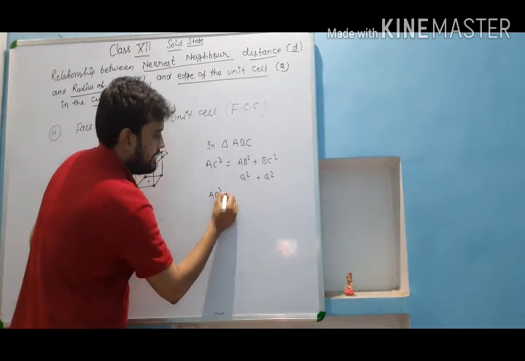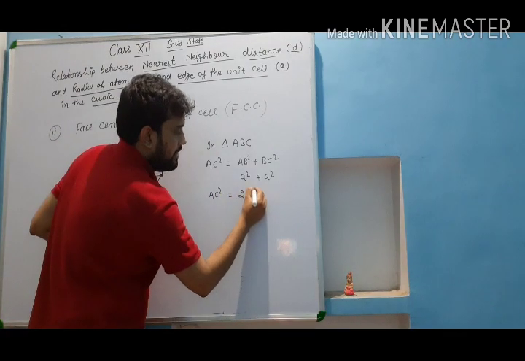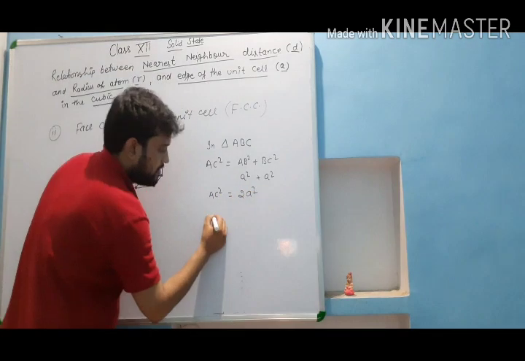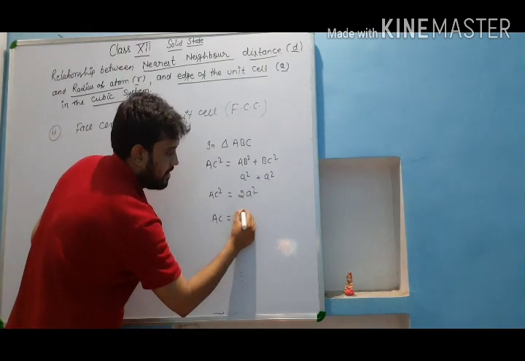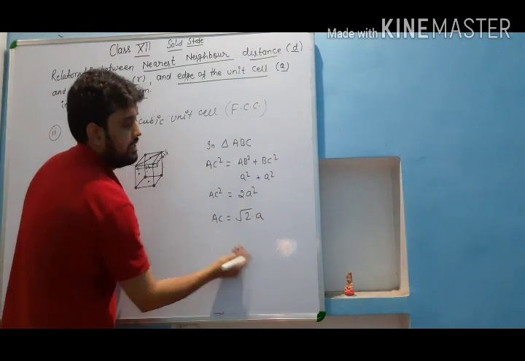Then AC square equals 2a square. So AC equals root 2 into a.